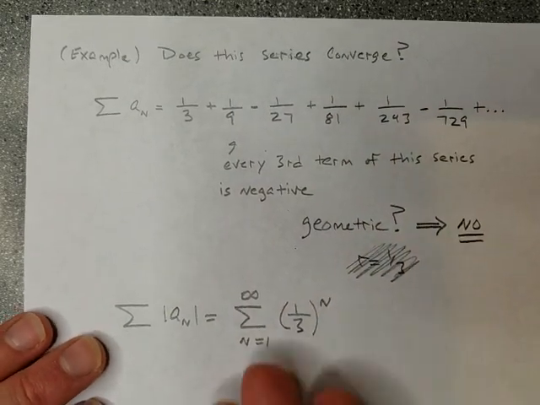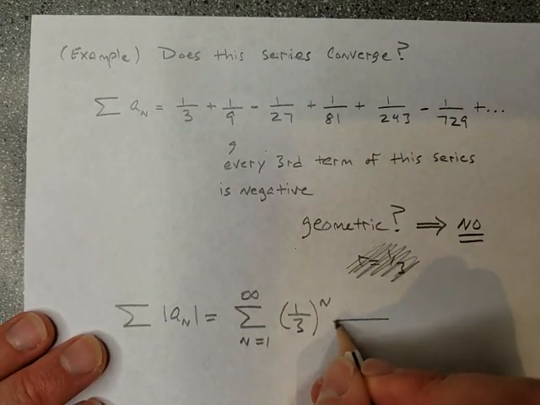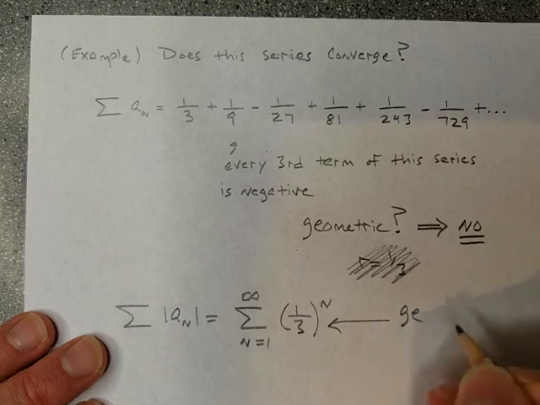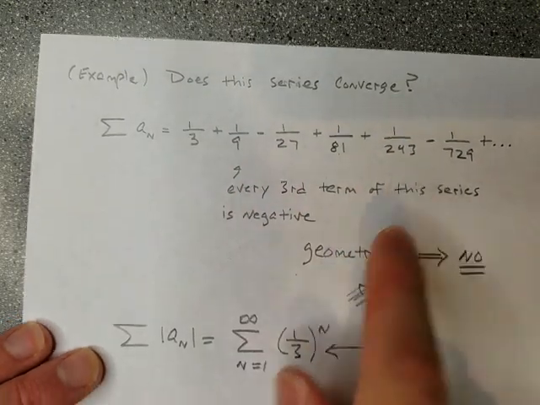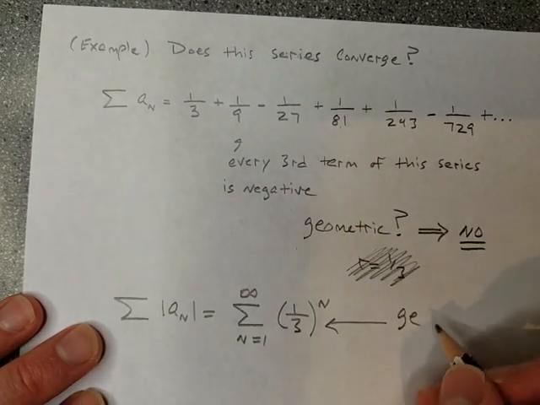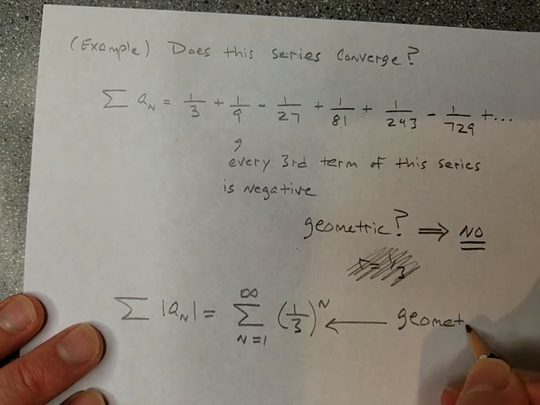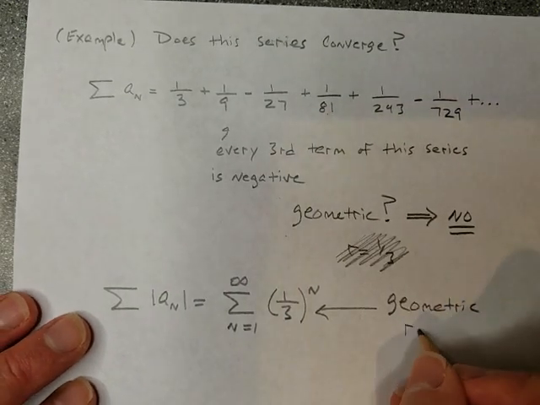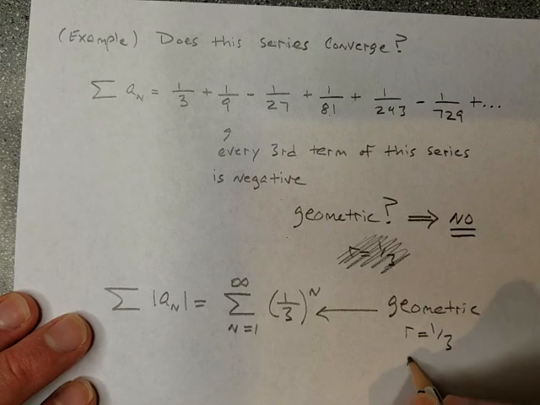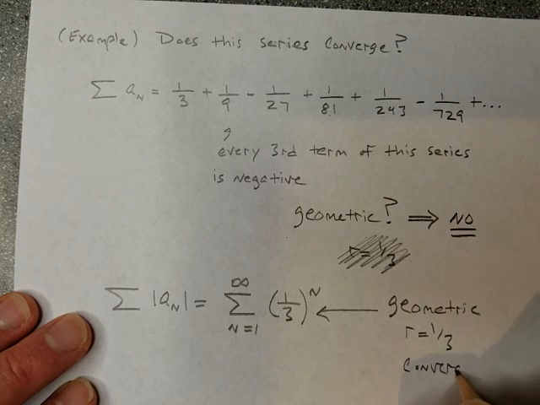Okay, that would be geometric. What this series is, if you make all the terms positive, is geometric. R is a third, and it converges.